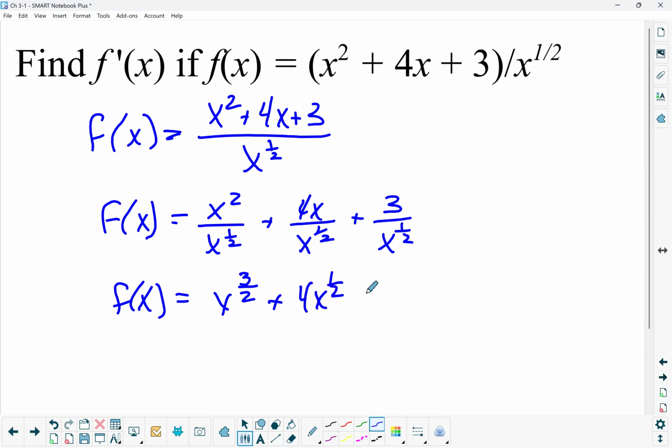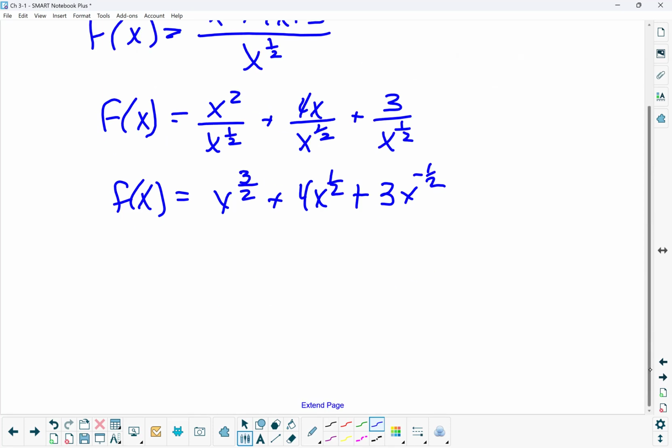And 3 divided by x to the 1/2, I'm going to use what I know about dividing by a fraction, that x to the 1/2 in the denominator is exactly the same as x to the negative 1/2. And get used to seeing negative exponents and fractional exponents throughout the year as we work on functions.